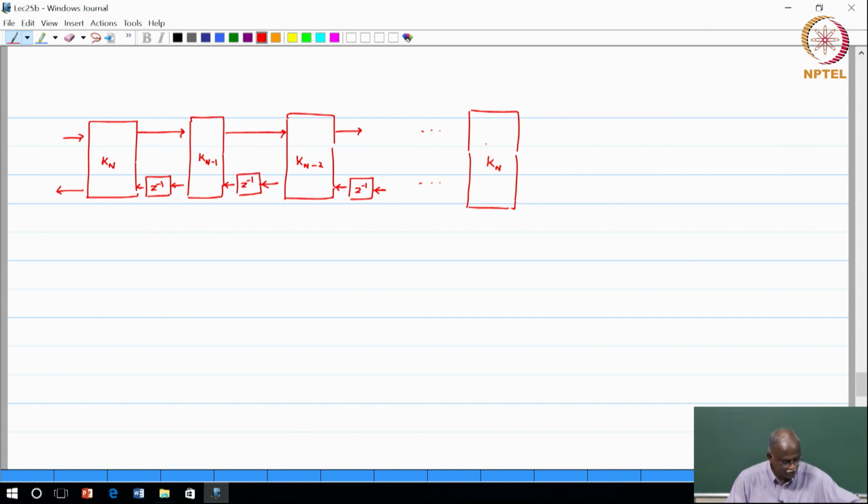This is also a crisscross, and this goes to a transfer function which will be g naught. G naught, let us take it to be equal to 1. That is a trivial all pass function, just a constant, and what we have here is z inverse.